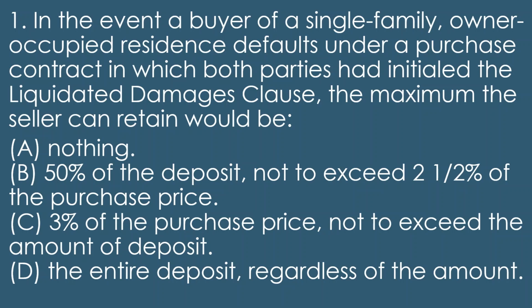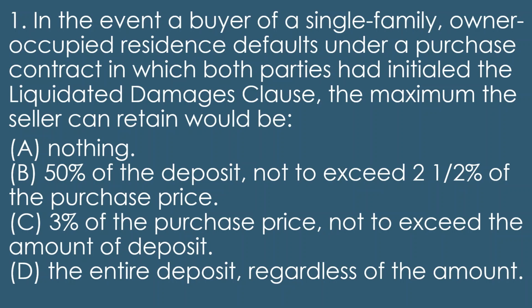So basically it is whichever's lower, the earnest money deposit or 3% of the purchase price. Whichever is lower is the maximum that the seller can retain, because remember, liquidated damages is a predetermined amount that the seller can keep if the buyer were to breach the contract.